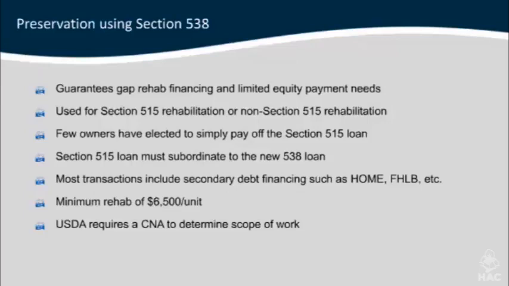The Section 515 loan must subordinate to the new 538 loan. Again, most of the transactions include some type of secondary financing, such as HOME funds, Federal Home Loan Bank, trust funds, etc. Remember that the minimum rehab is $6,500 per unit, and USDA will require a CNA to determine the scope of work.